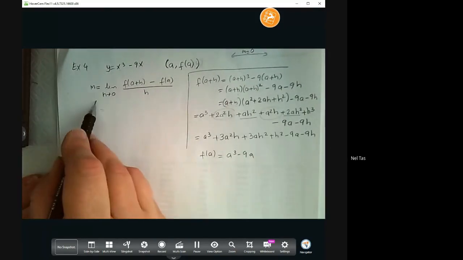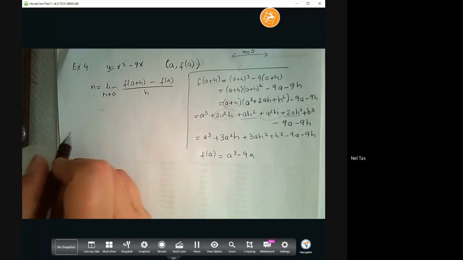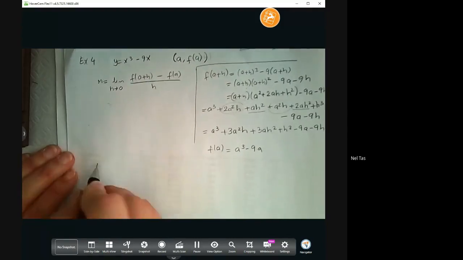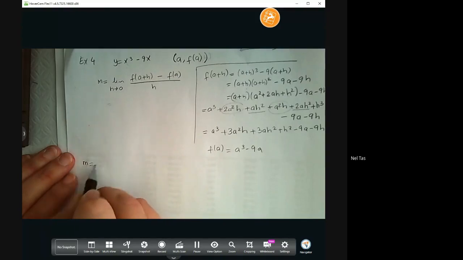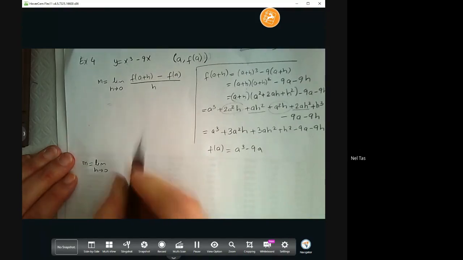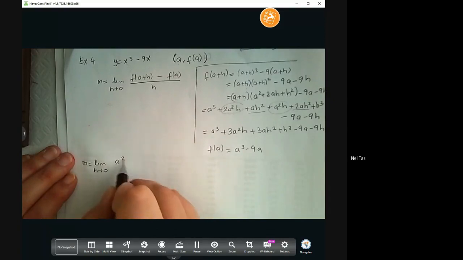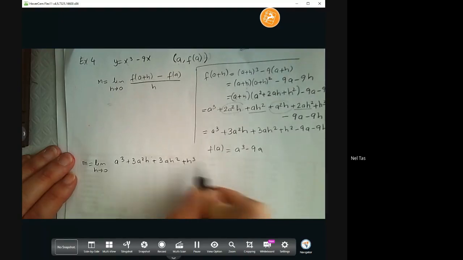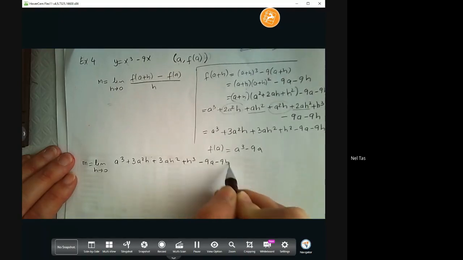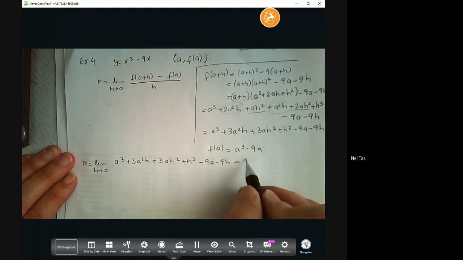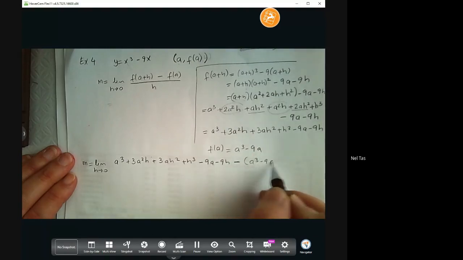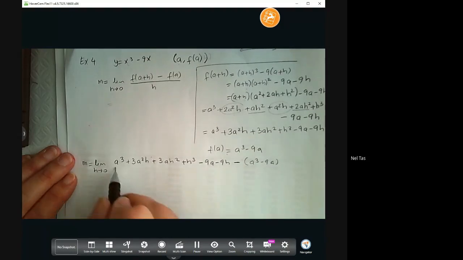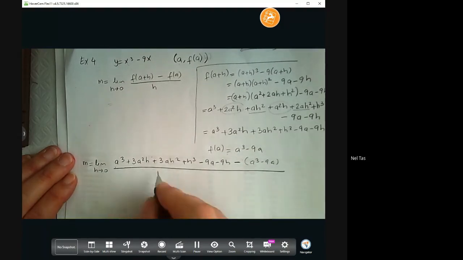So to be able to fit this, maybe I'm going to do it here. f of a plus h: I have a cubed plus 3a squared h plus 3ah squared plus h cubed minus 9a minus 9h, minus a cubed minus 9a, which is f of a, over h.